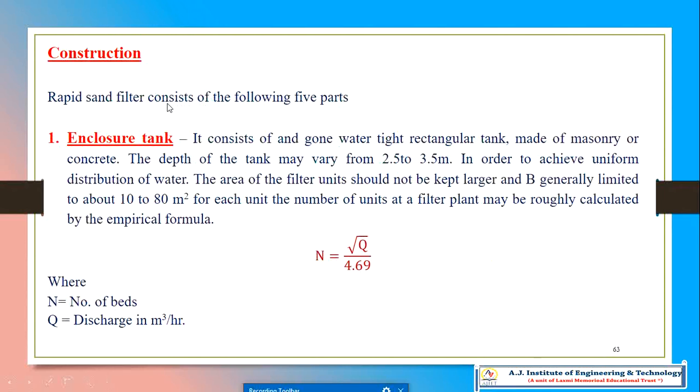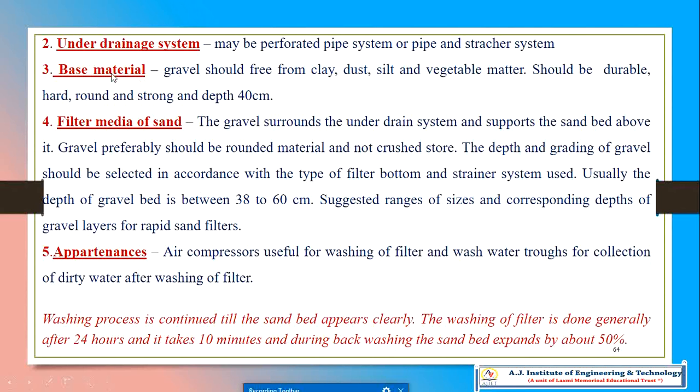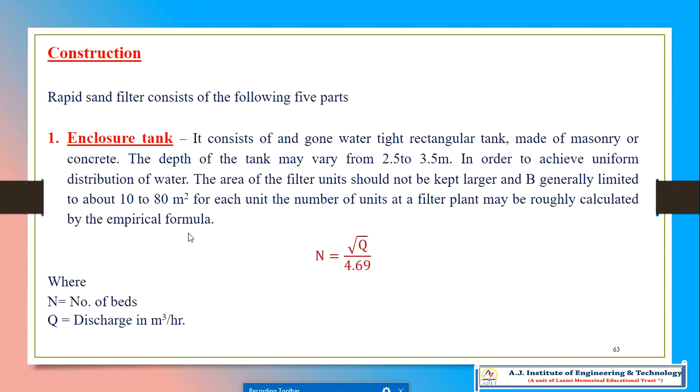And construction, that is the enclosure tank, the under drainage system, base material, filter media, sand and appurtenances. In the part 6 video we completed up to appurtenances, that is up to the construction parts of the rapid gravity sand filter, that is the rapid sand filter.